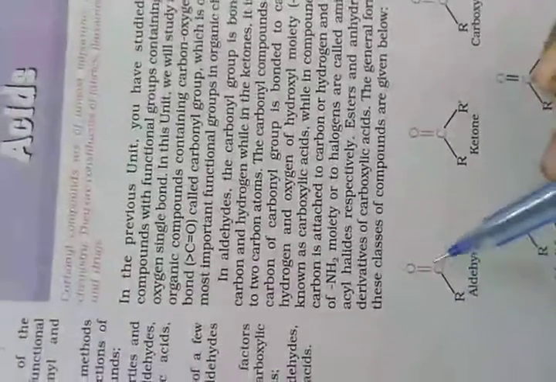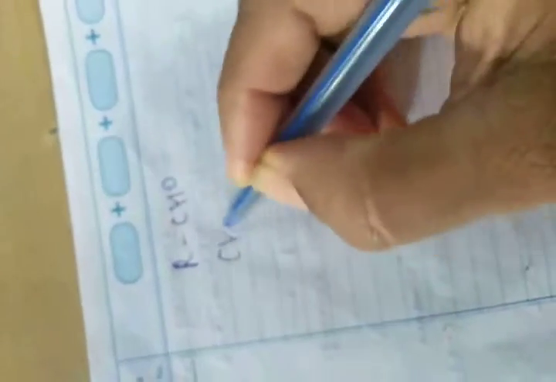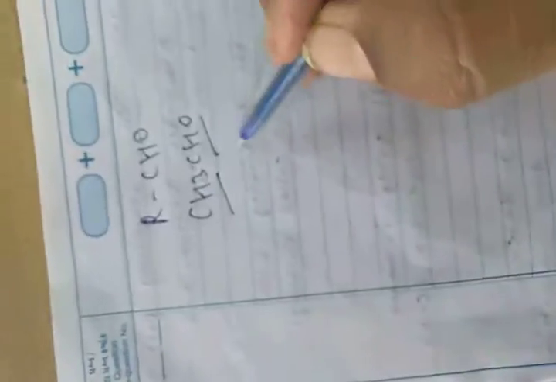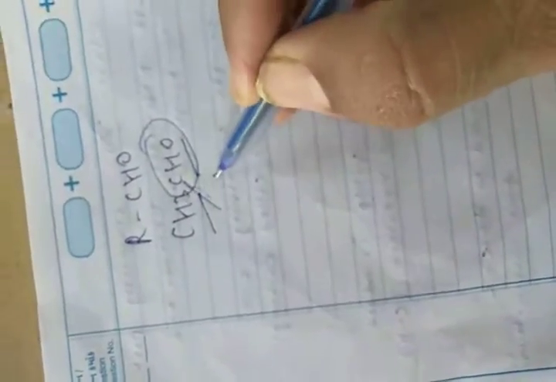Now you know the structure I am teaching you. This one is aldehyde. R means any alkyl group and then attached is CHO, like R CHO, CH3 CHO. Naming we will learn afterwards, but if CHO is attached to any R group, that is called the aldehyde group.